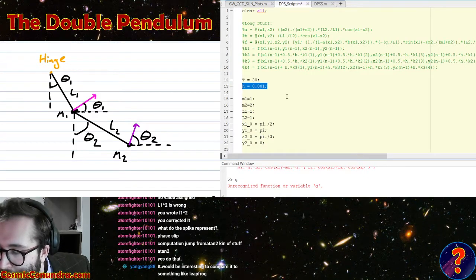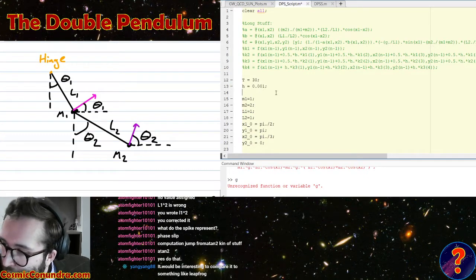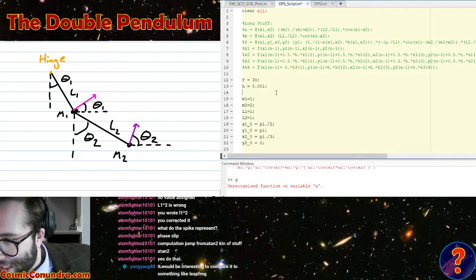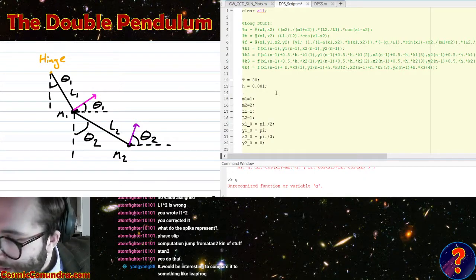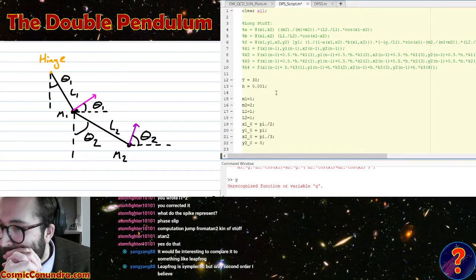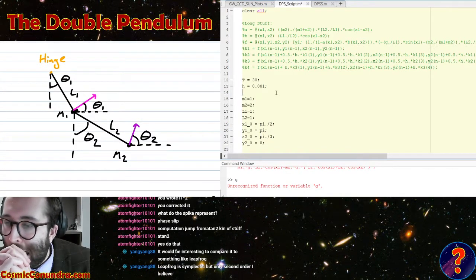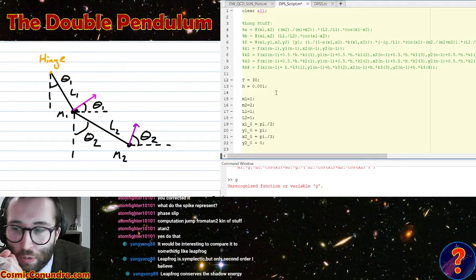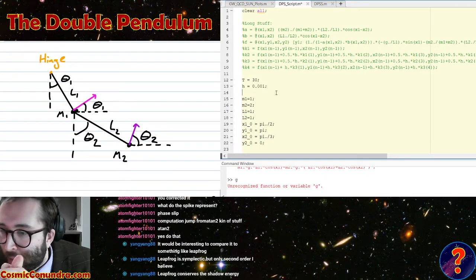Would it be interesting to compare it to something like Leapfrog? Well, someone mentioned Leapfrog. To my understanding, RK4 is always better than Leapfrog, isn't it? As far as I know, RK4 is better. Leapfrog is symplectic, but only second order, you believe? I'm not sure which one would be better in that case. Leapfrog conserves the shadow energy. I don't know what that means.